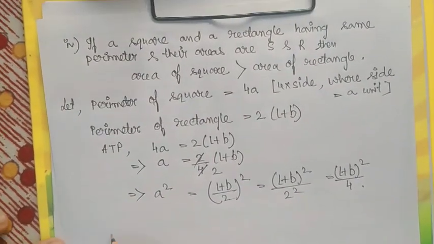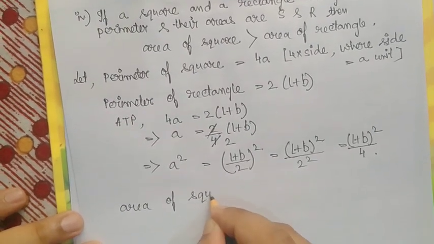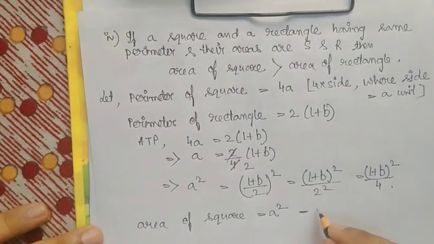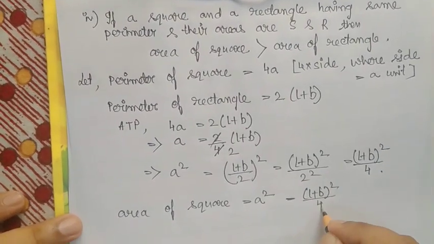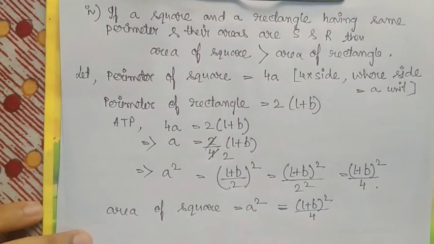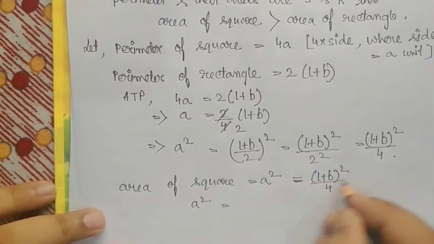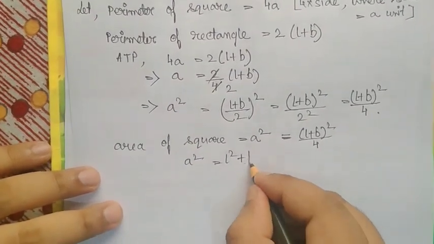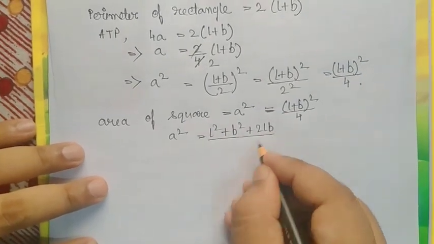Now area of square, we know that area of the square is a square. So a square equal to L plus B whole square by 4. So we can say that a square equal to, if we break that, L plus B whole square, L square plus B square plus 2LB by 4.